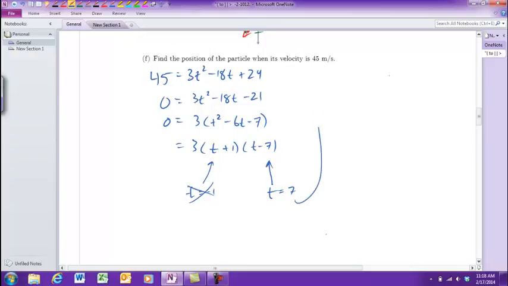So we now have to take t equals 7 and plug it back into the original function. So that's 7 cubed minus 9 times 7 squared plus 24 times 7. And when I plug all that in, I get a position of 70. So at that point, it's actually on the number line at the position of 70, and it's moving 45 meters per second.